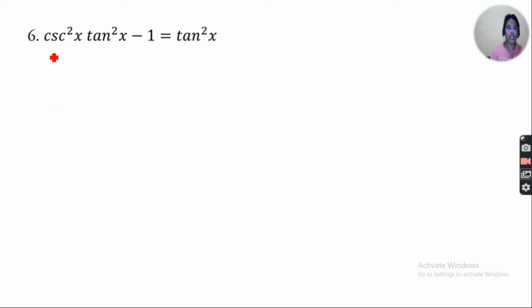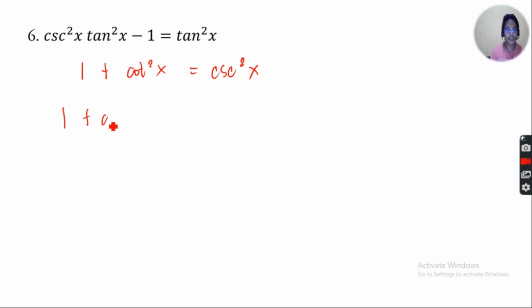So, let's start. So, cosine squared x, meron po tayong Pythagorean identity na 1 plus cotangent squared x is equal to cosecant squared x po. So, gagamitin po natin ito.